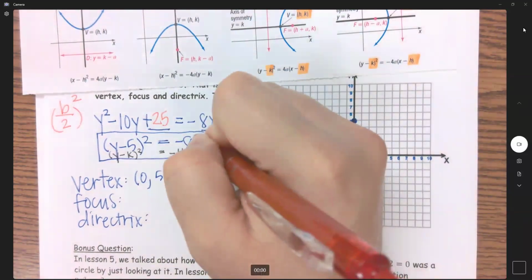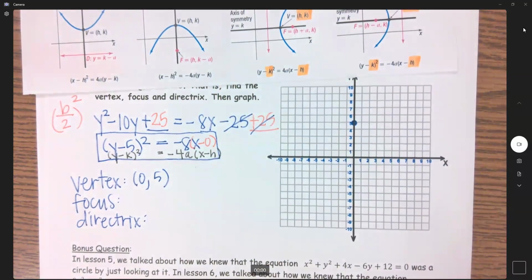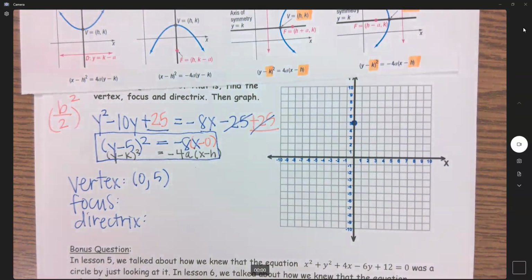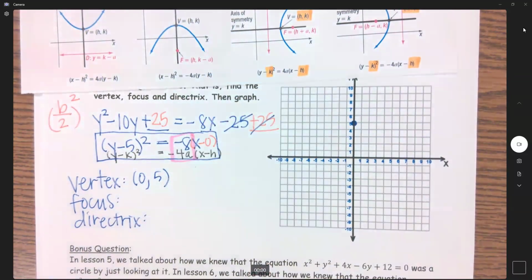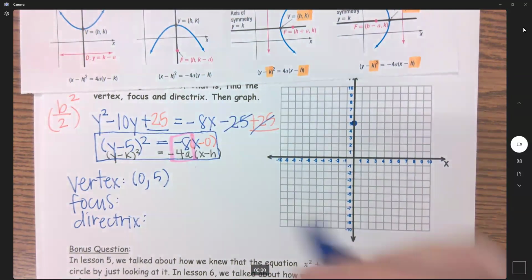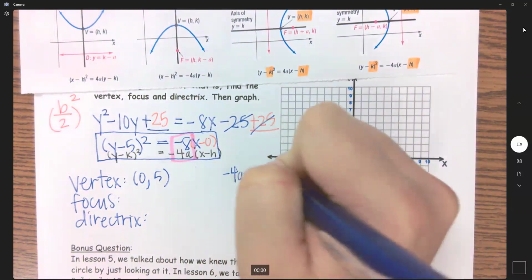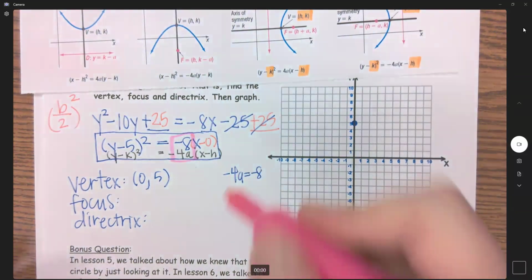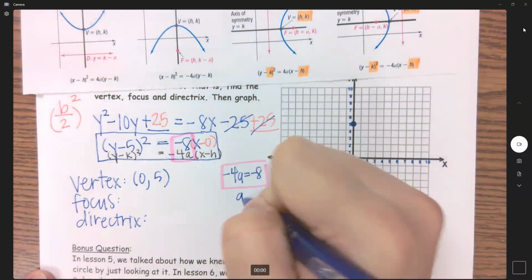Remember, this would be the same as x minus 0 in parentheses. So what we're comparing is this -8 and this -4a. So -4a equals -8. So a is 2.